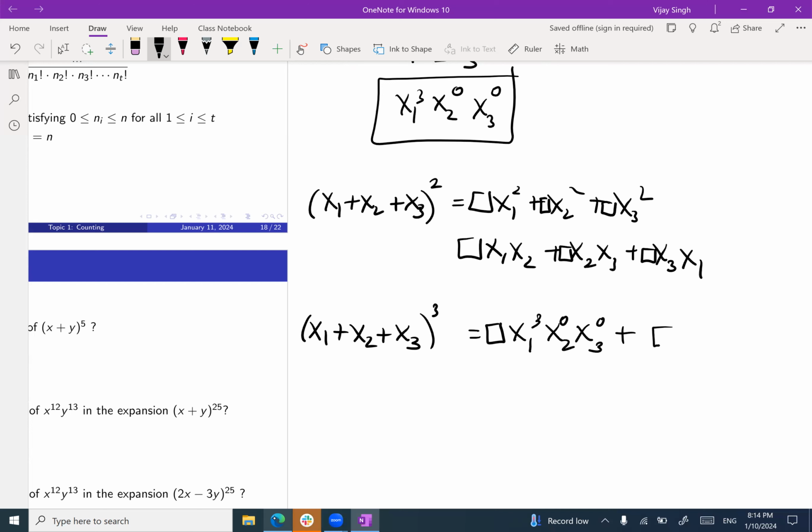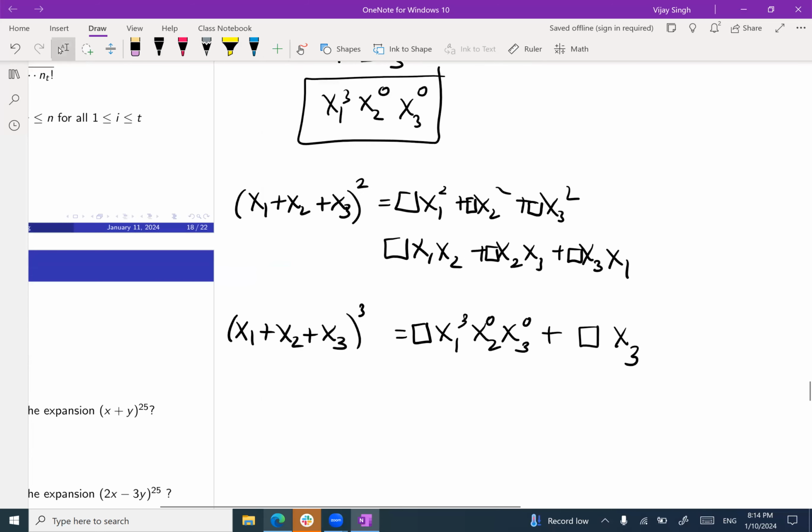Then we have what? If you want to write it in some order, that's fine too. Let's take x2, x3, sorry, x1 squared. Then we can have x2, x3 to the power 0, or we can have x1 squared, x2 to the power 0, x3.